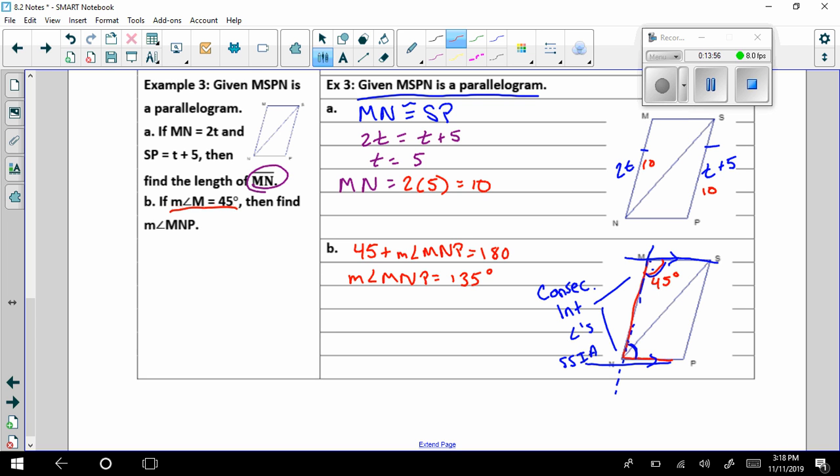This drawing obviously not to scale because this looks more obtuse than this. But that's how you would solve it out. Okay? So consecutive interior angles will be supplementary. Opposite angles in a parallelogram will be congruent.